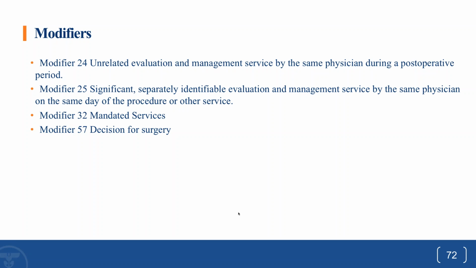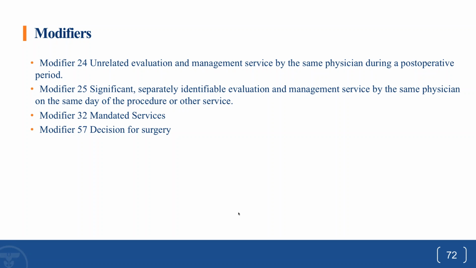Modifier 24. Let's remember the big surgeries, when they have those surgeries, it's in the global period. And if the patient goes back to the provider's office during that global period, that it's basically covered. It's not covered if it's related to that patient's surgery, right?